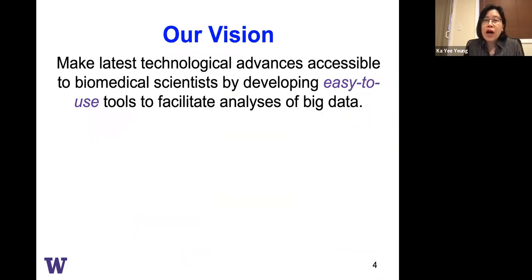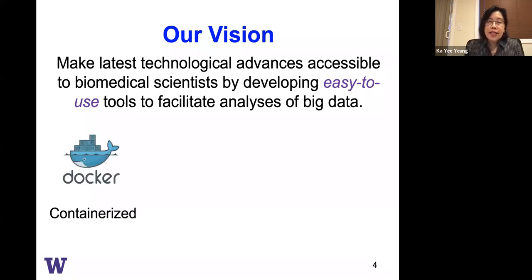Our overarching goal is to make the latest technological advances accessible to biomedical scientists by developing easy to use tools to facilitate analysis of many different types of big data. Some of the characteristics of our tools: we use software containers extensively to enhance reproducibility.